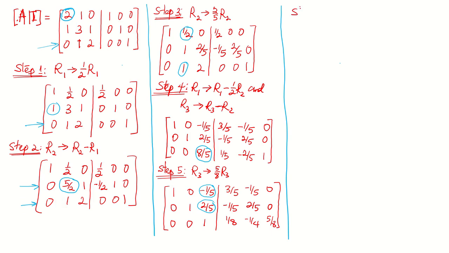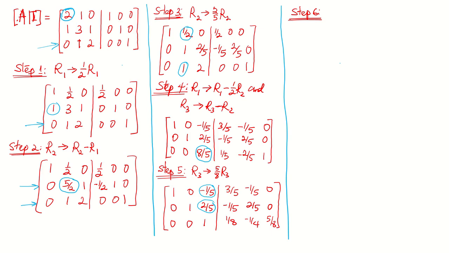So step 6. For step 6, do we need to make those elements 0? Since we've achieved the pivot elements, let me see. To make those numbers 0, okay, yes, we can achieve that.